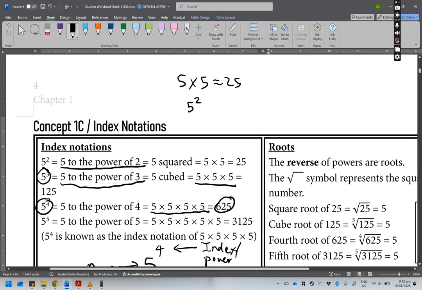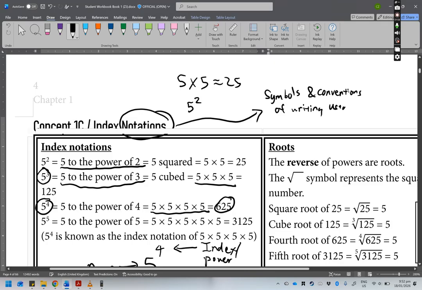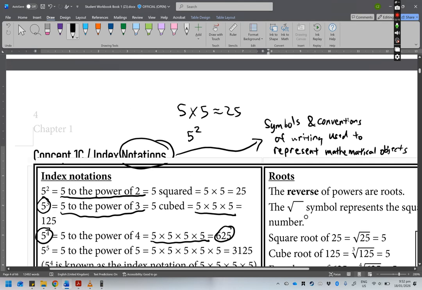And what exactly are notations? Notation is an important part, a big idea of mathematics. They refer to symbols and conventions of writing used to represent mathematical objects. Okay, and why is it so important?